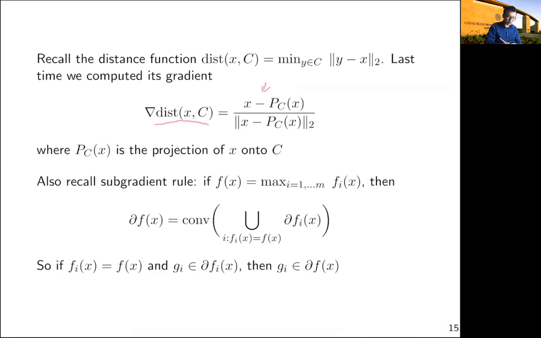This makes intuitive sense because, say, for projection to a line segment, the distance function looks like that. If you are right here, then your gradient is just the vector from this to here divided by its magnitude, so you get the unit vector pointing towards the convex set in the middle.